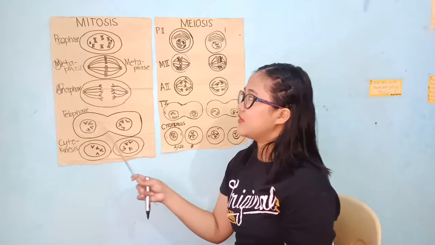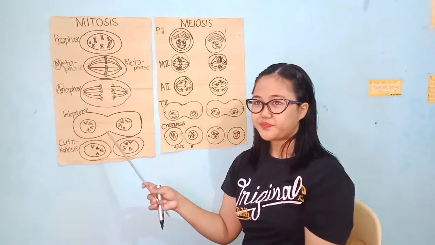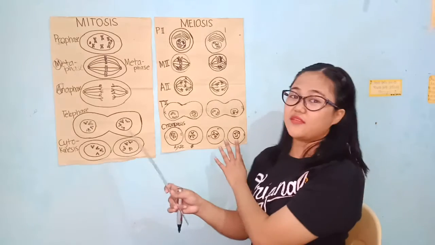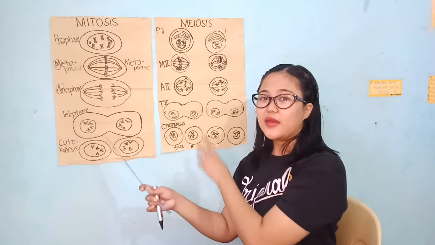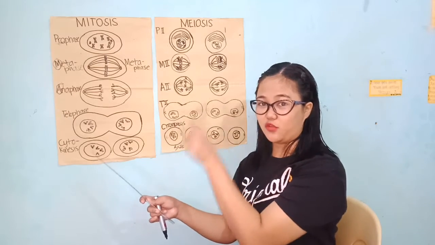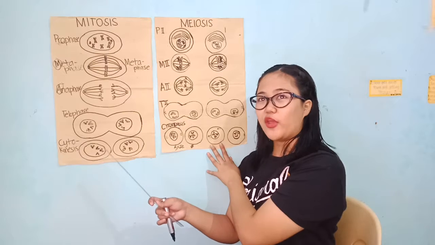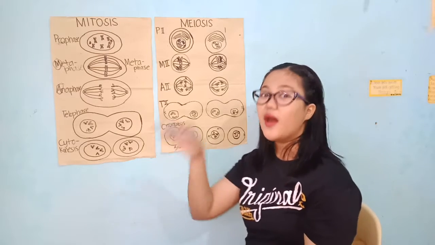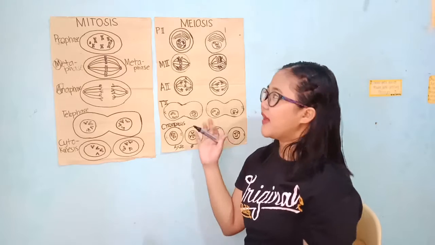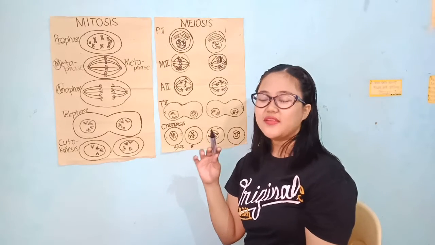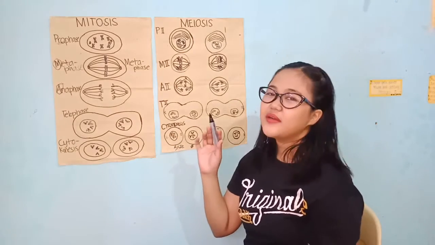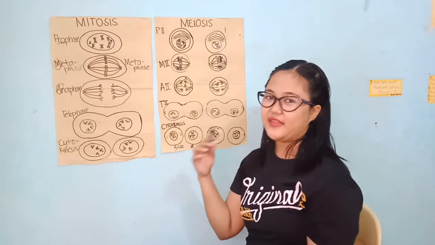So, this mitosis is diploid, and this one is haploid. Diploid is just dividing the cell into 2, while haploid is dividing the cells into half and half. So, that's the end of my discussion about the reproduction of the organisms.